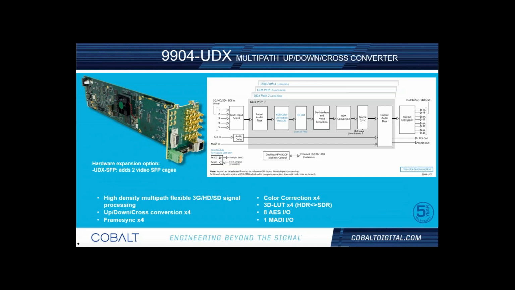And this is basically a continuation of the 9904 UDX card that I started mentioning earlier. But now with this, something that was new and that was going to be released at NAB was the ability to have our UDX card be a multipath processing system. So basically, the idea is similar to what Ciro mentioned with the encoder.